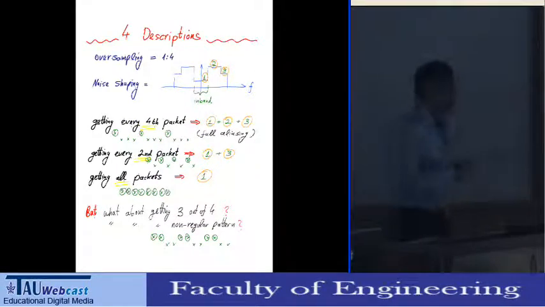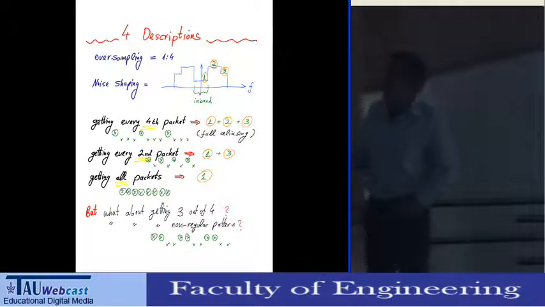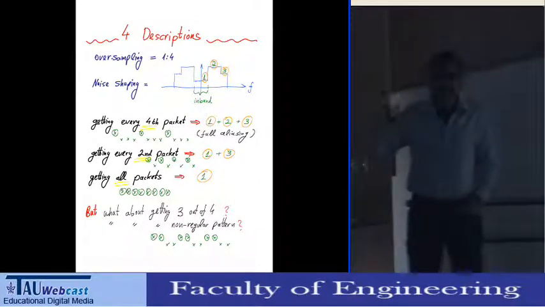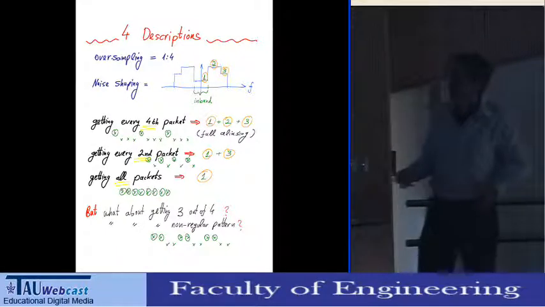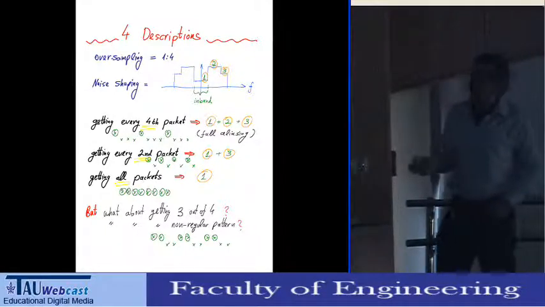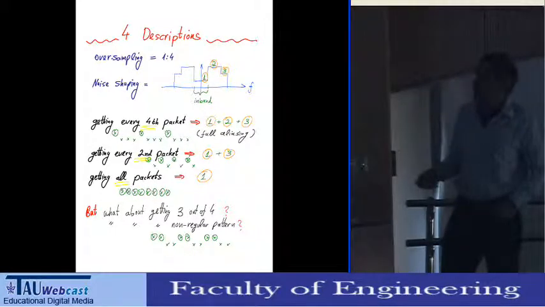What about more descriptions? This turns out to be a tricky problem. Consider 4 descriptions. Just extending the idea, instead of oversampling by a factor of 2, we will oversample by a factor of 4. We will have a certain spectrum, and we can now examine what happens if we get any subset of the descriptions. If I'm getting every fourth packet, which amounts to subsampling by a factor of 1/4, then all the spectrum will collapse on the in-band, and we will get high distortion, full aliasing.